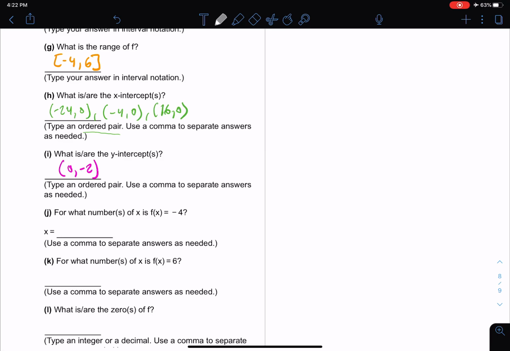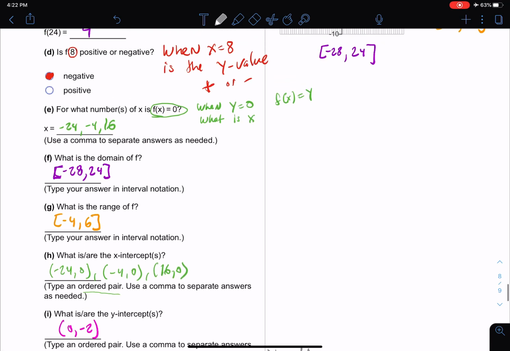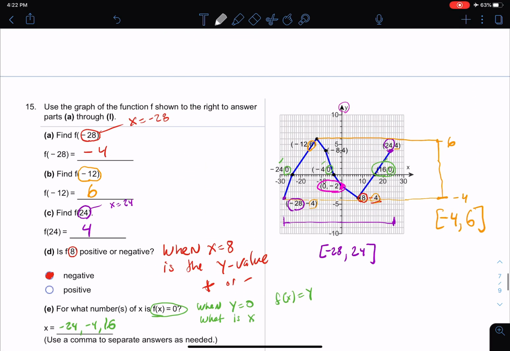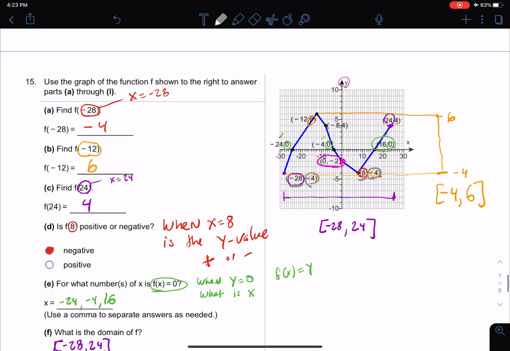This is saying, if I want to put that in words, when the y value is negative 4, what's x? So we look for y is negative 4. And I see a y value of negative 4 here, and I see a y value of negative 4 again here. So there's going to be two places. That is, x is negative 28, and x is positive 8.